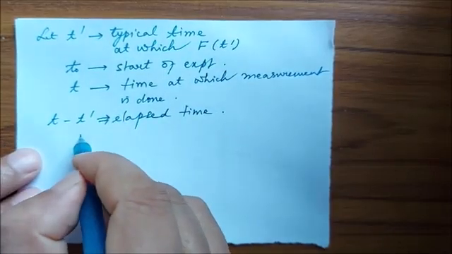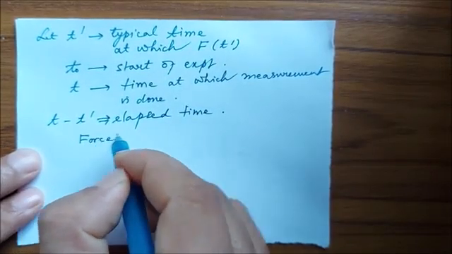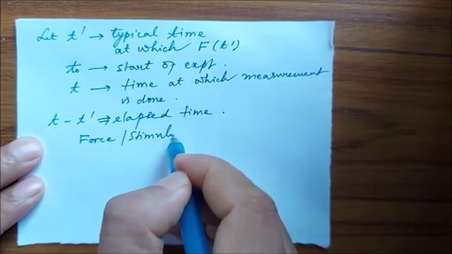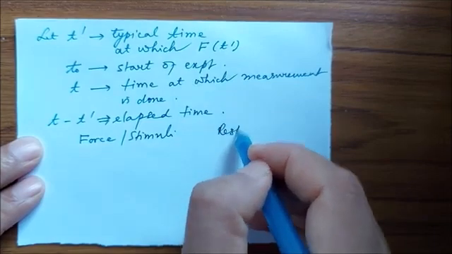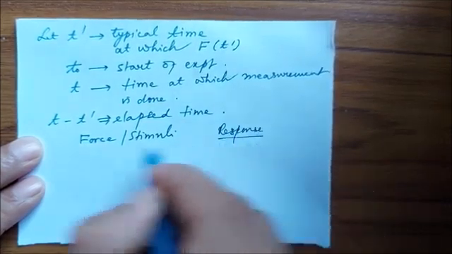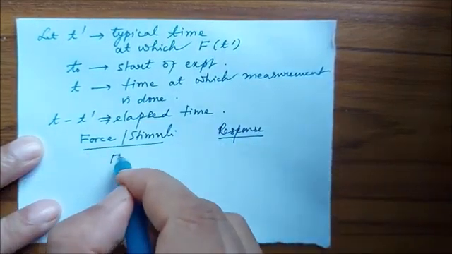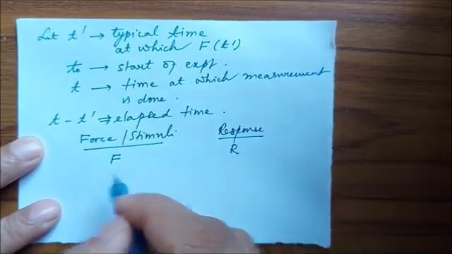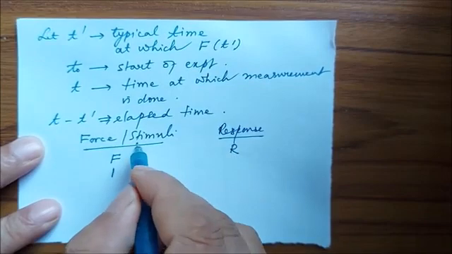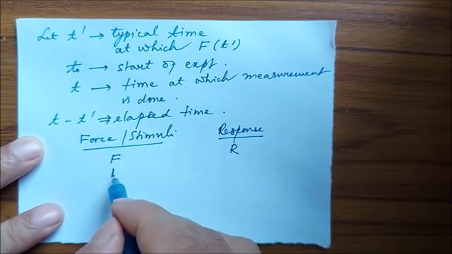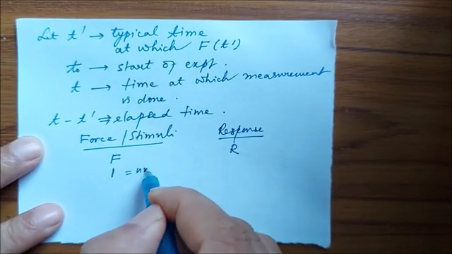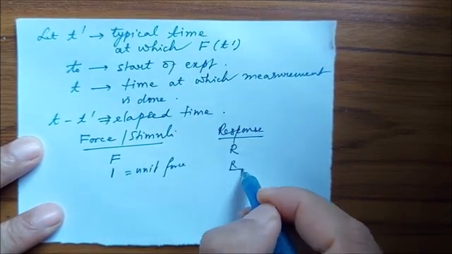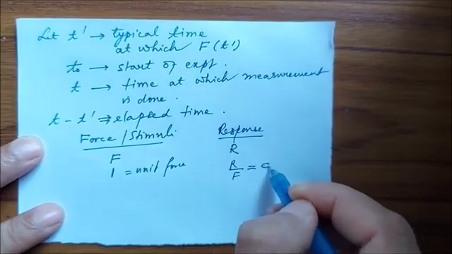Now let us make a chart. This is the force or the stimuli, and this is the response. So when stimuli is F or force is F, response is R. When stimuli or force is unity, that is unit force, then the response is R by F, and let us call it phi.